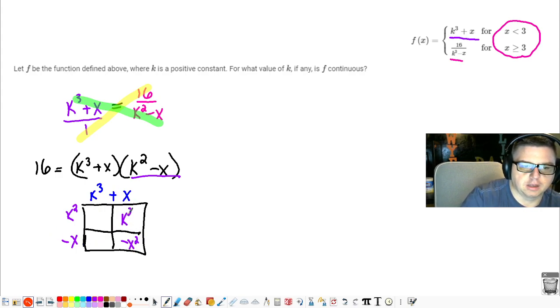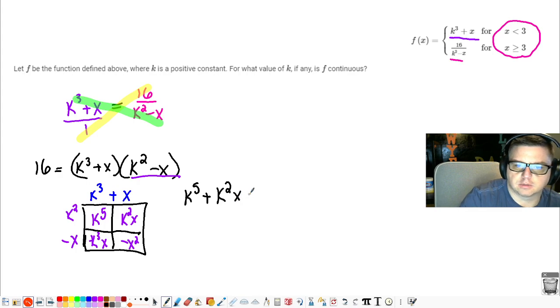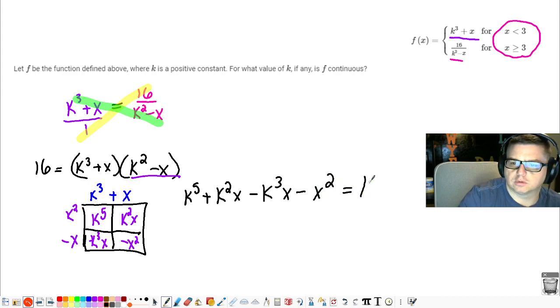So that's going to be k squared x, negative k cubed x, negative x squared, and then this would be k to the 5th power. We add those together: k to the 5th plus k squared x minus k cubed x minus x squared equals still 16 on the other side.